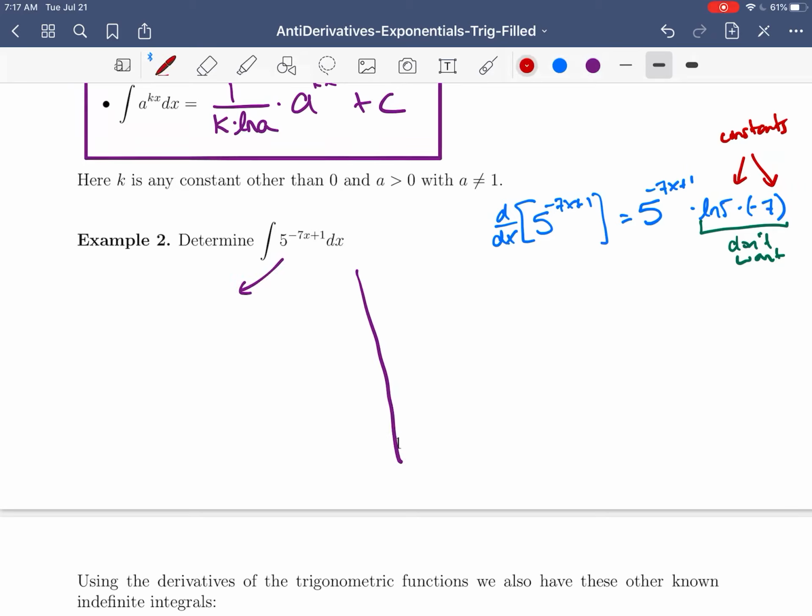If I force them to be in there, what I'm going to do is multiply my integral by negative 7 ln 5 on the top and the bottom. And I missed the x there.